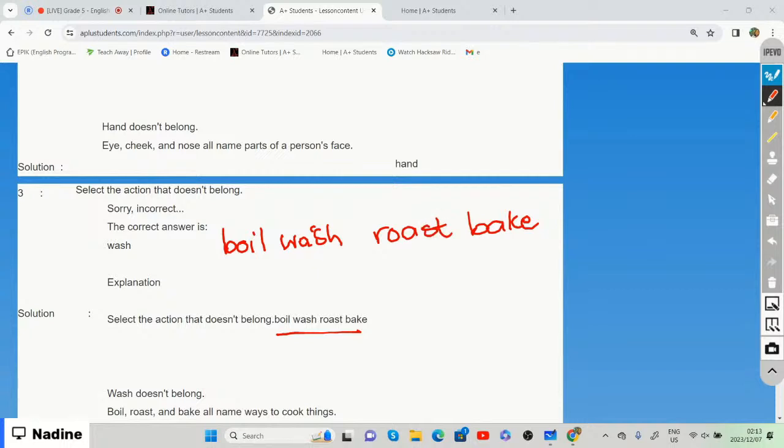Which word does not belong there? Is it boil, wash, roast, or bake? And I also need to see what the similarities are between the others, especially in meaning. So boil, wash, roast, bake. Which one of these does not belong?